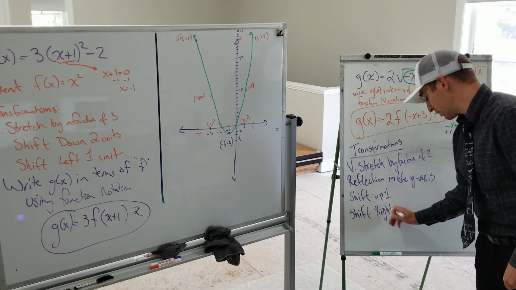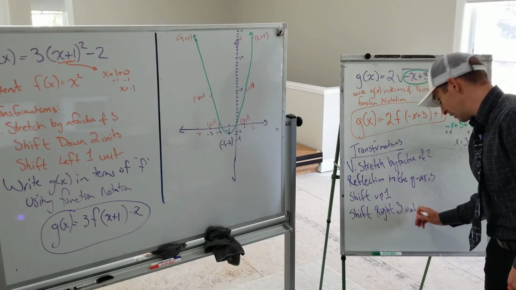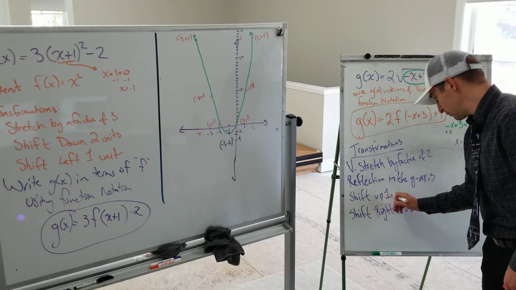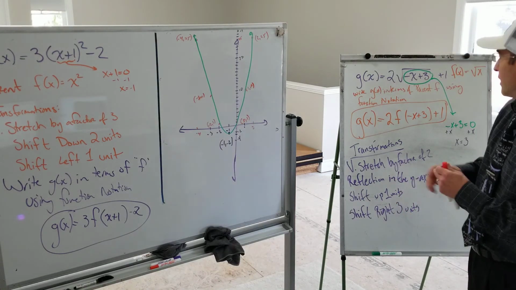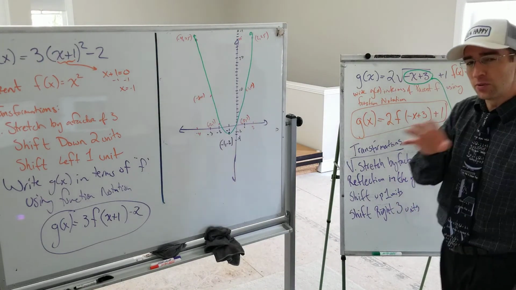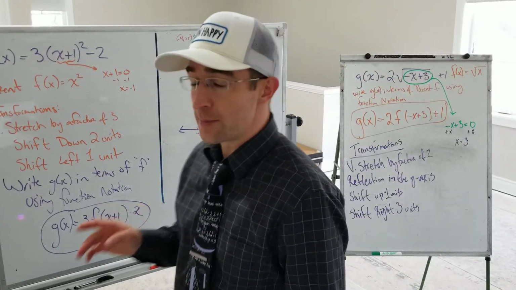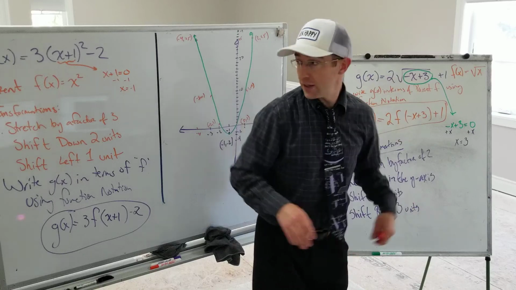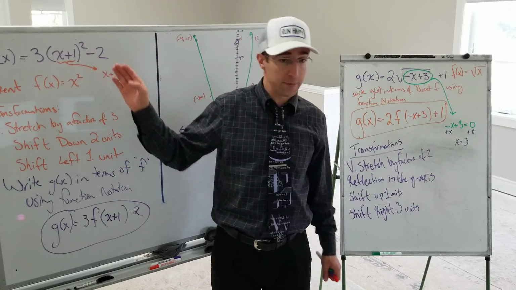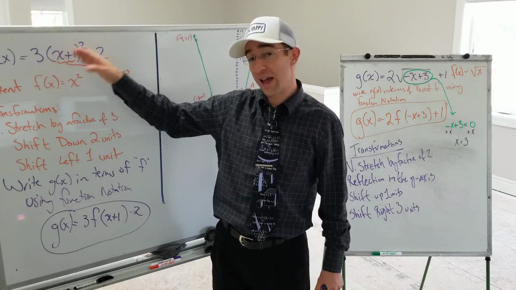So here, it's a shift right 3 units. And you may be like, Mr. Brace, that's crazy. It's supposed to be the opposite. The reason it's working this way is because we've got this negative in front of the x. Right here, the x plus 1 made it shift left because it was a regular x.